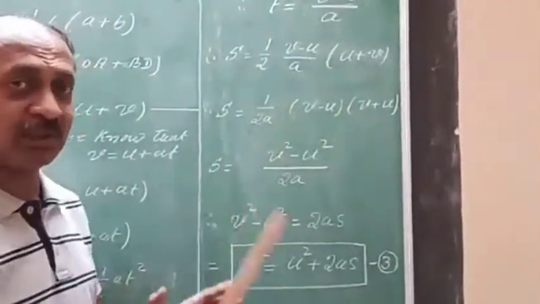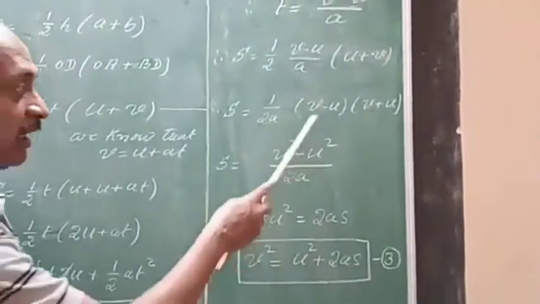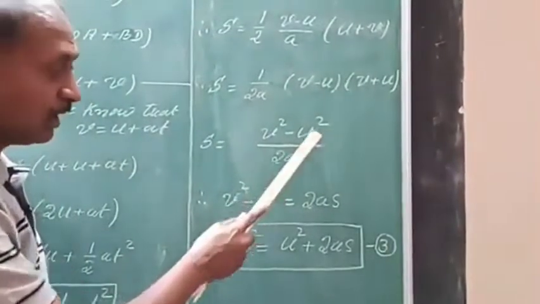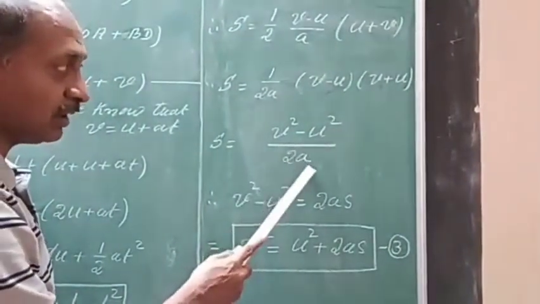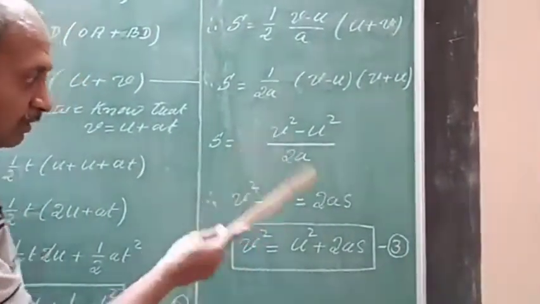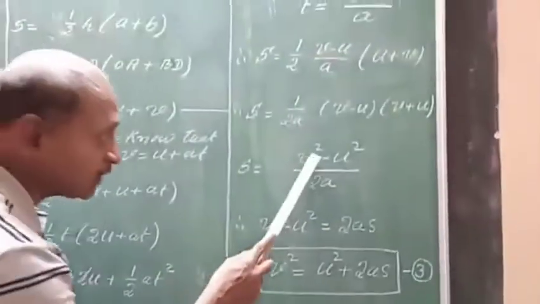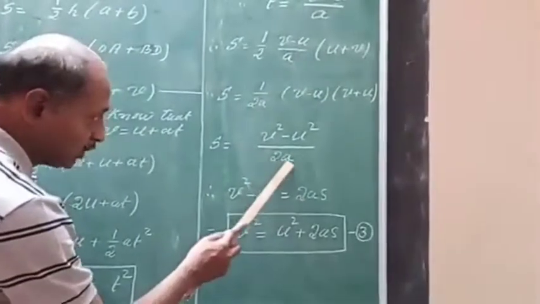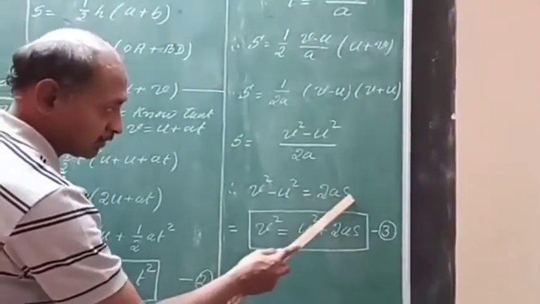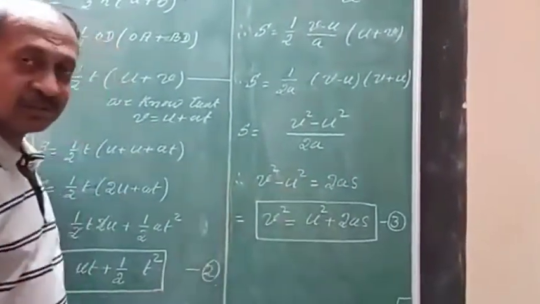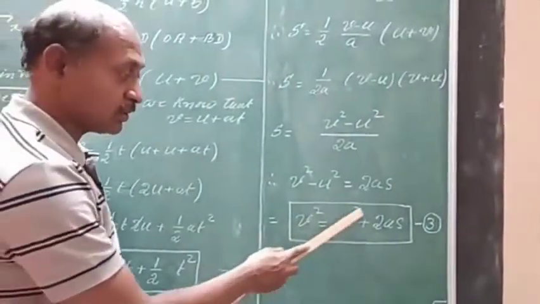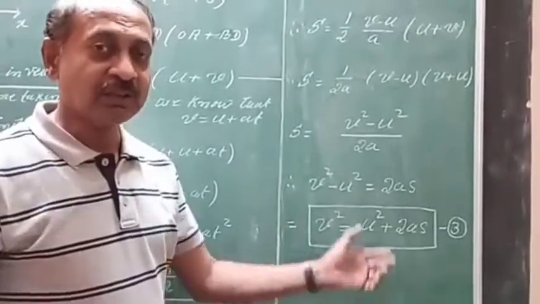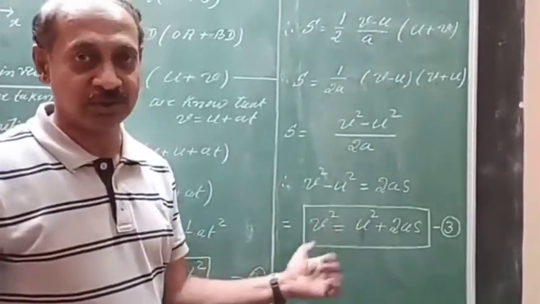In the same way, we can write this as V square minus U square, divided by 2a. Now V square minus U square is equal to 2a into S. So the final equation we get is V square is equal to U square plus 2as. So this is the third equation of motion.